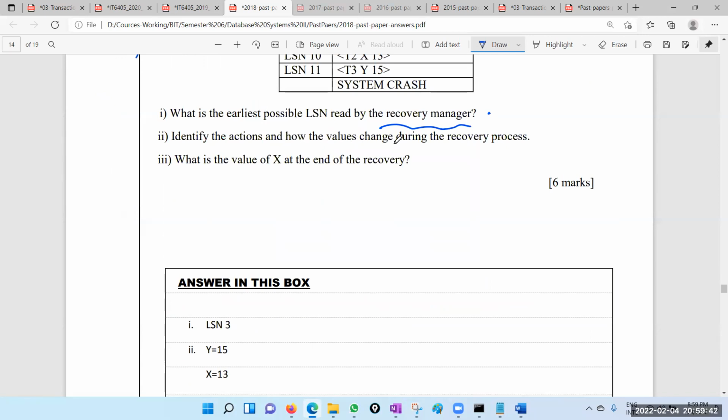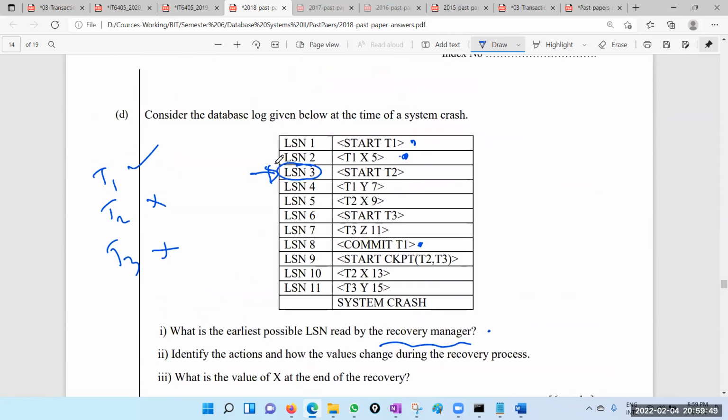Identify the actions and how the values change during the recovery process. What is the value of X at the end of the recovery? Right. So this is permanent. So therefore, X will be initially 5 because transaction 1 is anyway committed and flushed. Then transaction 2, we have to undo. So Y will be 7 because it's transaction 1.